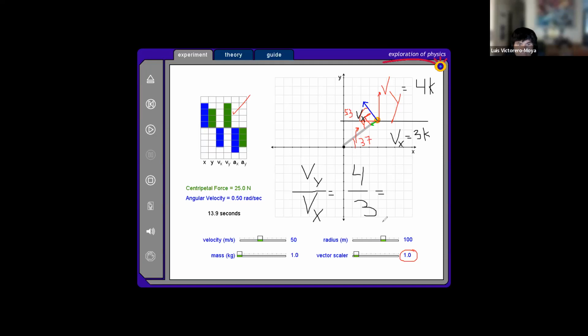Now, value-wise, if the velocity here is 50, 50 cosine 53 will be 30, and this is like 40. So this is my Vy, my Vx. For one trial only, you're going to do this. So then you can look.